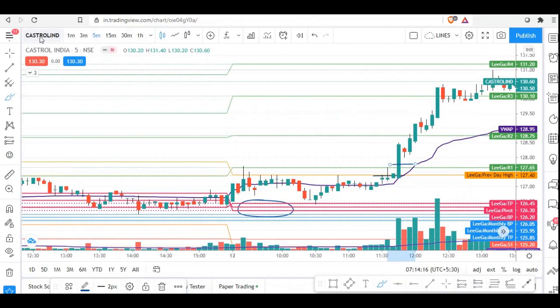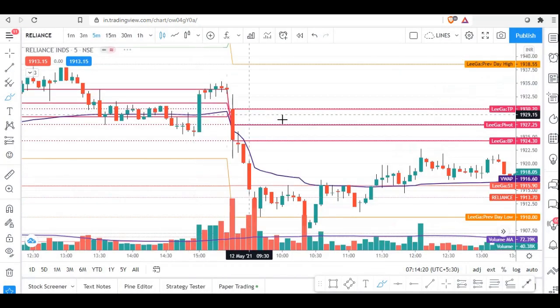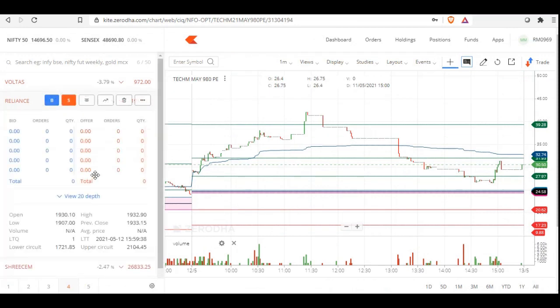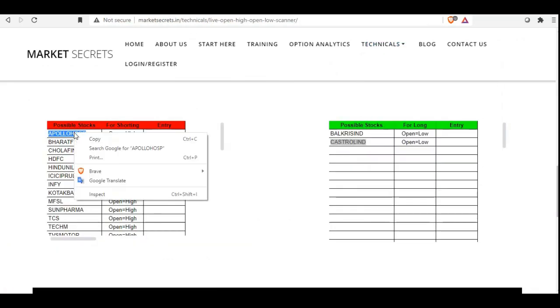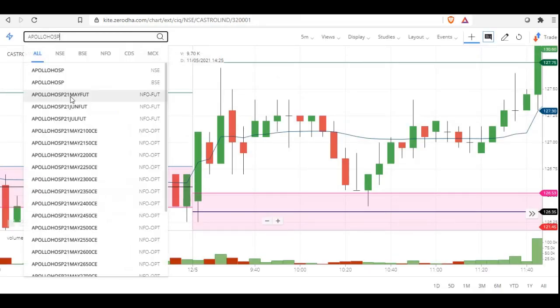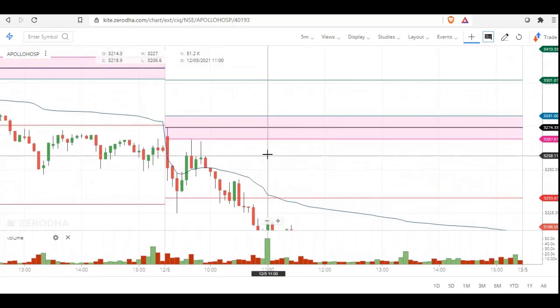Then we can go for Reliance. First we check whether the data is right. Reliance is wrong now, wrong data. Open is equal to high. Then Castrol India, then Apollo Hospital. I can go for Apollo Hospital.